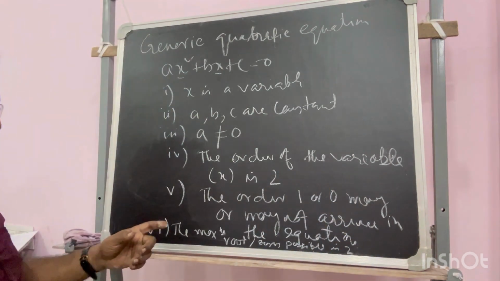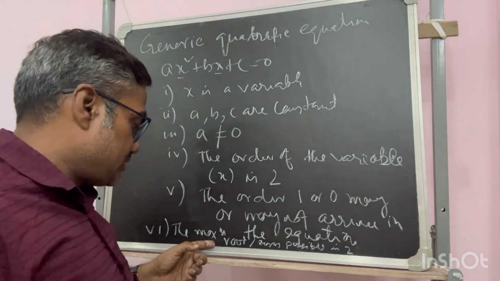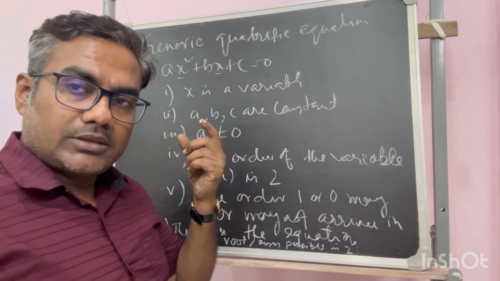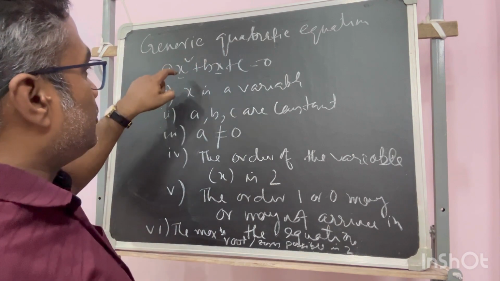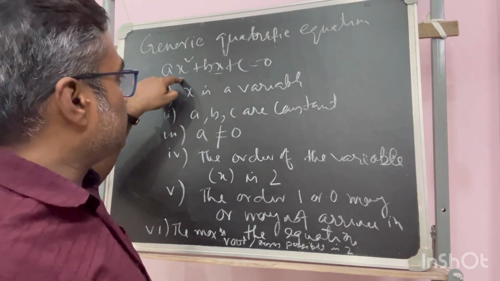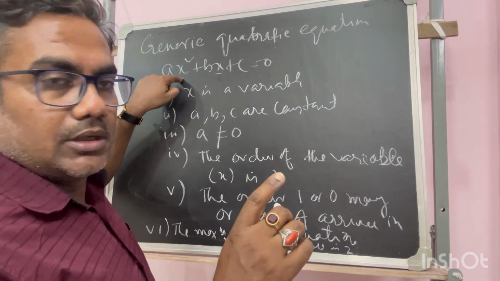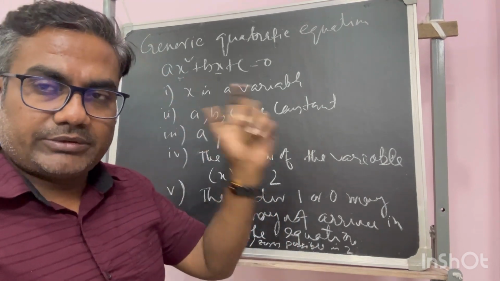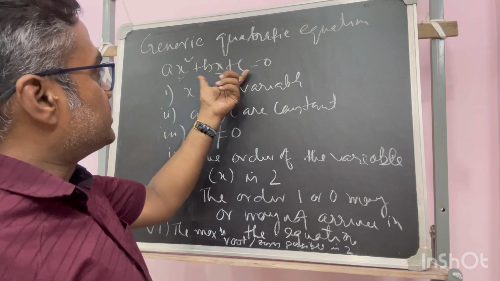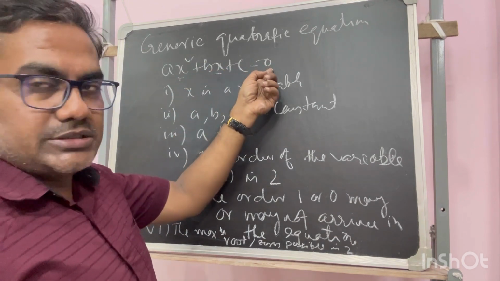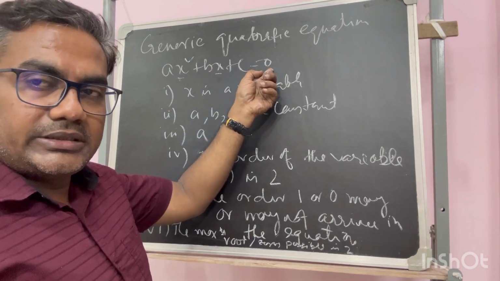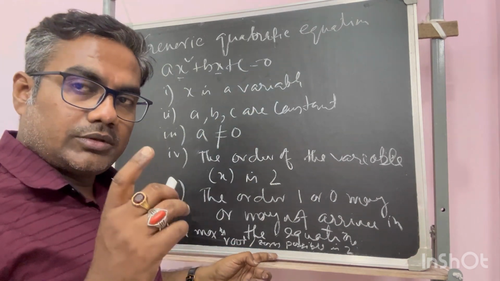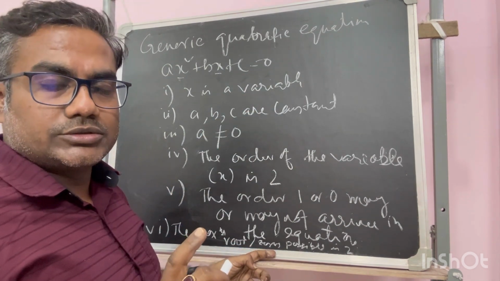Now here a limit can come. Why am I saying the maximum roots or zeros possible is 2? Because in a quadratic equation the order is 2, so there are only so many possibilities for x. The value of x could be a maximum of 2 values for which this expression can be 0, but there is a possibility that I only get a single root also.